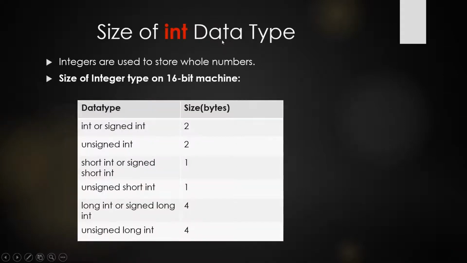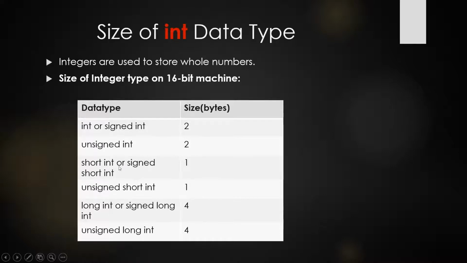Size of int data type. Integers are used to store whole numbers. This is a chart for all the integer data types, and their sizes. Here int or signed int will have a size of 2 for a 16-bit compiler. Unsigned int will also have a size of 2. It means in the stack we are allocating 2 bytes of memory.